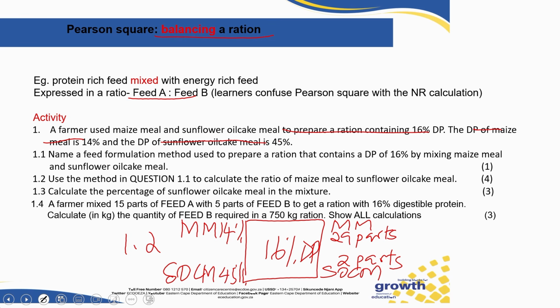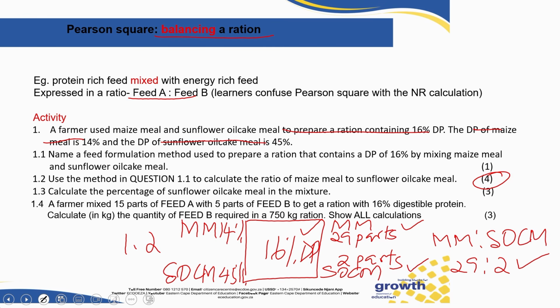The ratio is maize meal to sunflower oil cake meal, which is maize meal is 29 to sunflower oil cake meal, which is 2. So there's a mark for preparation, a mark for parts of the maize meal, a mark for parts of the sunflower oil cake meal, and a mark for the ratio. So that one is 4 marks.